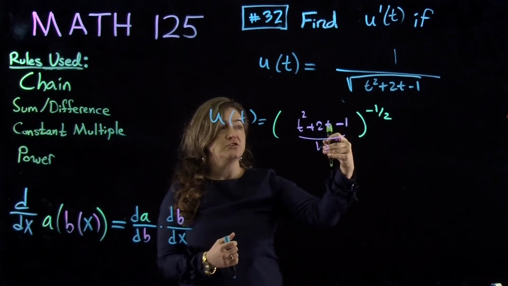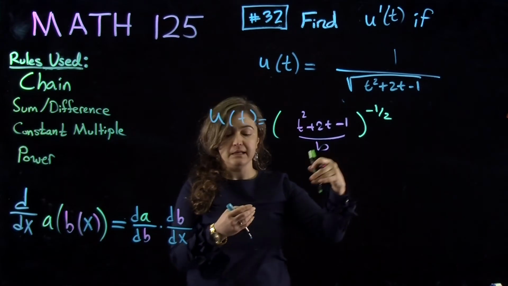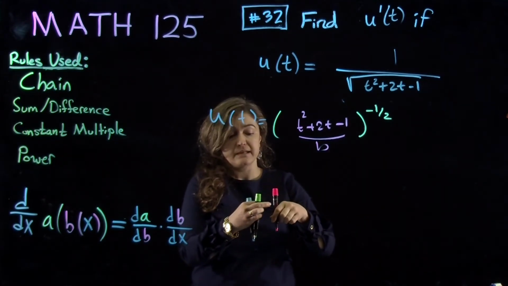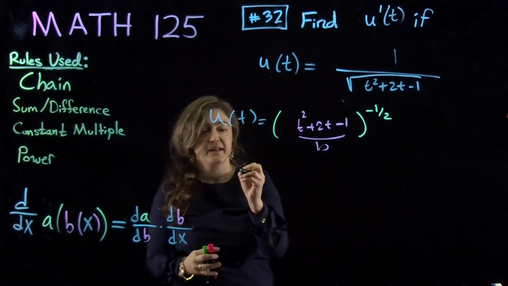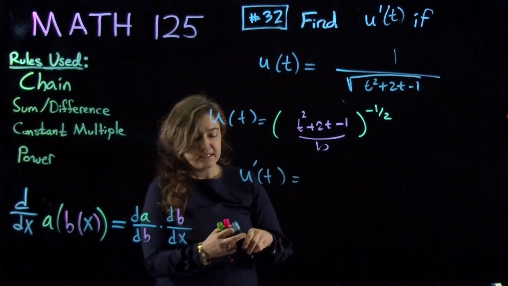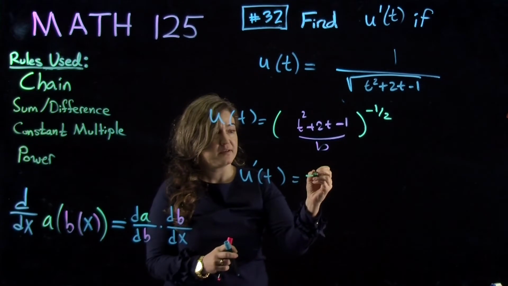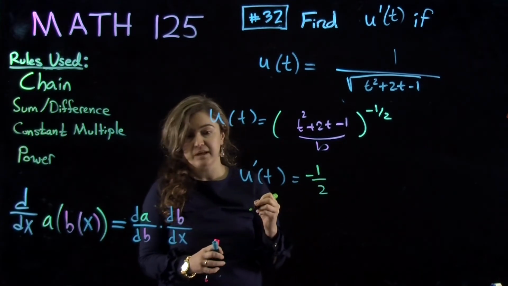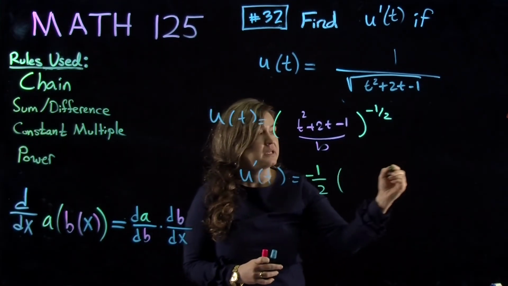And so I'm taking the derivative. It's like peeling the layers of an onion. Taking the derivative of the outer, negative 1/2 comes down, a general power rule.